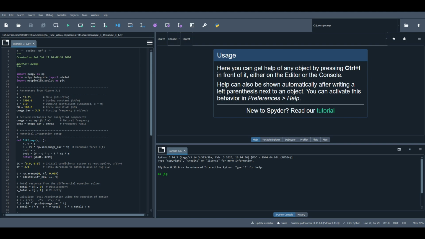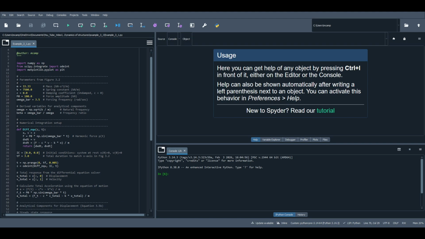After here there is the parameter of the figure. m is the mass of the system, k is the spring constant in kilonewton per meter, c is the damping coefficient, in this case equal to 0 because it is undamped, P0 is the force amplitude of the harmonic force, 100 kilonewton.